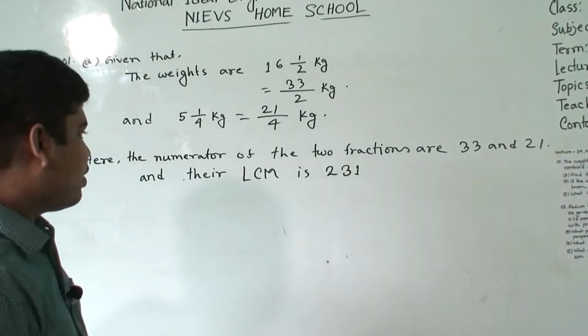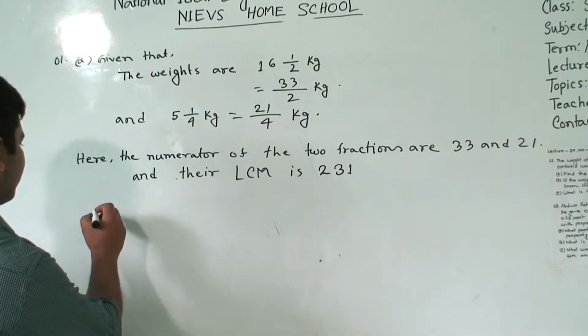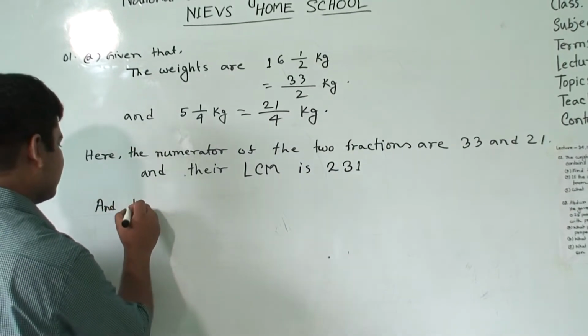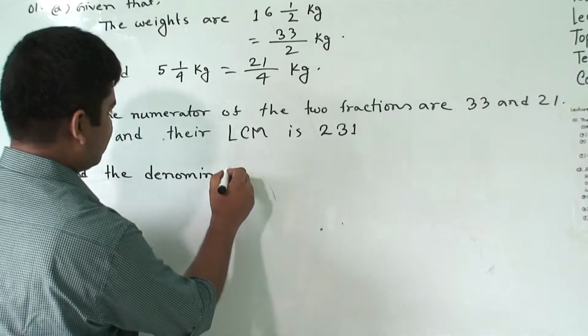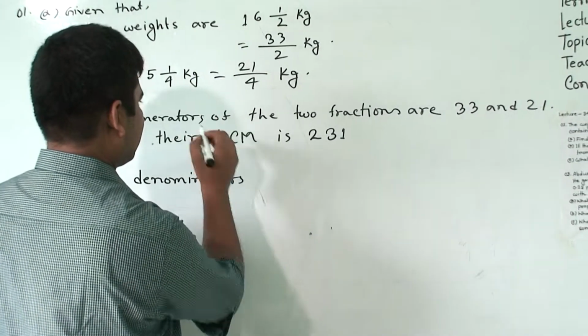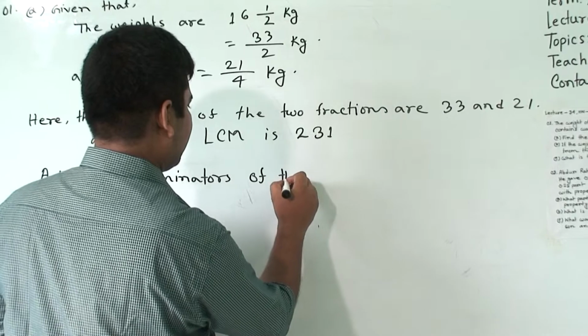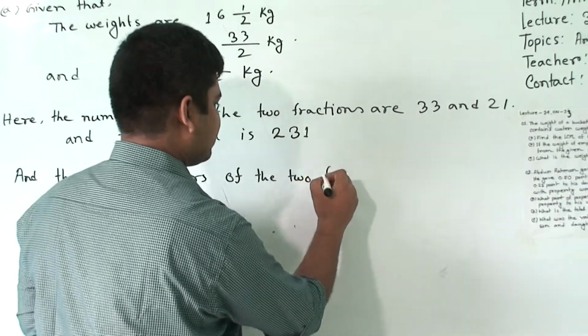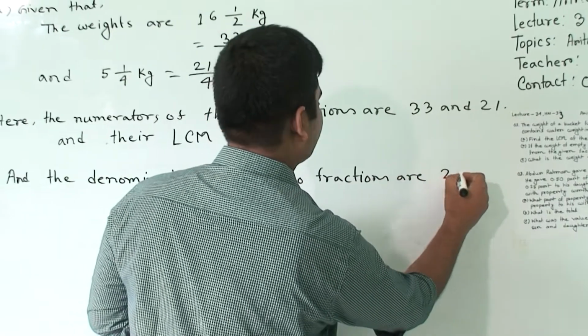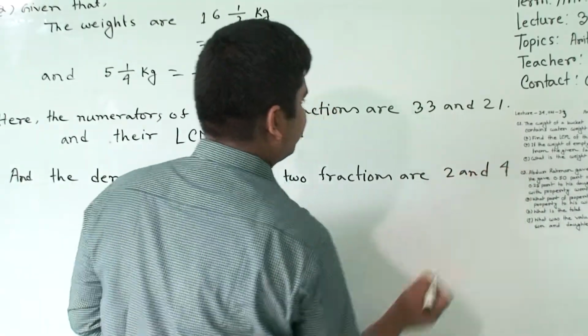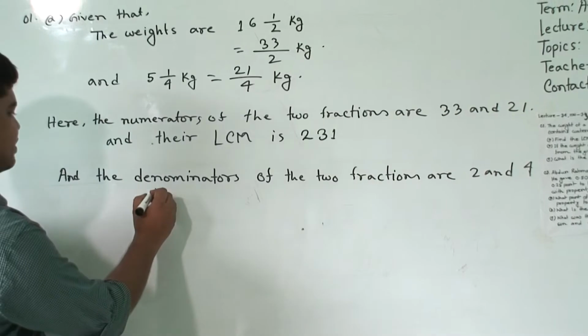So the numerator is done. Next, the denominators of the two fractions are 2 and 4, and their HCF is.